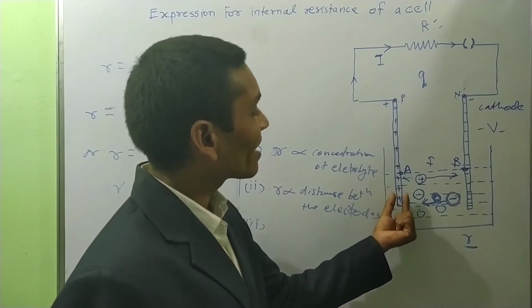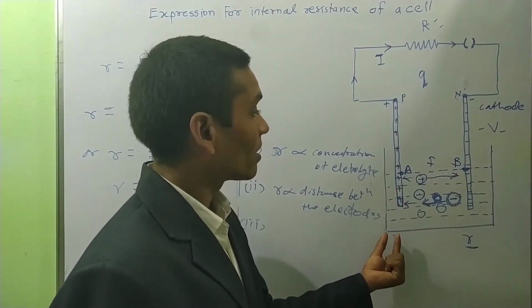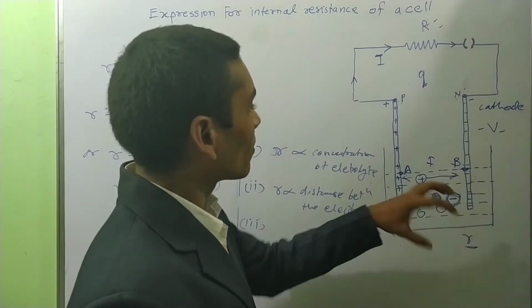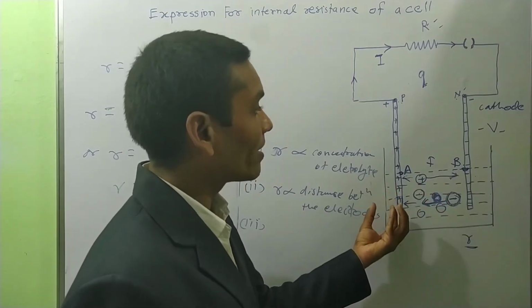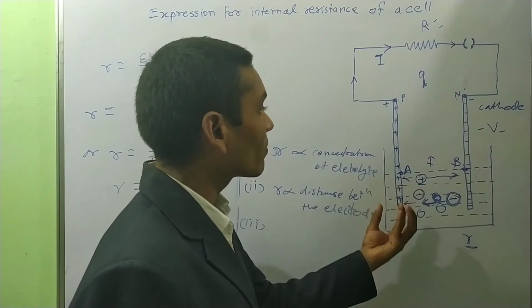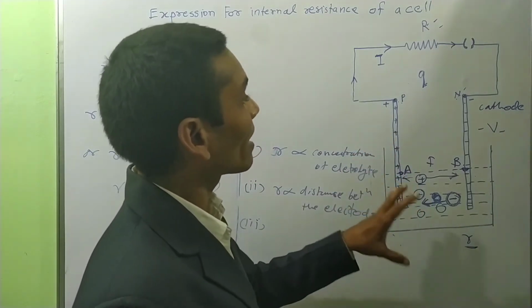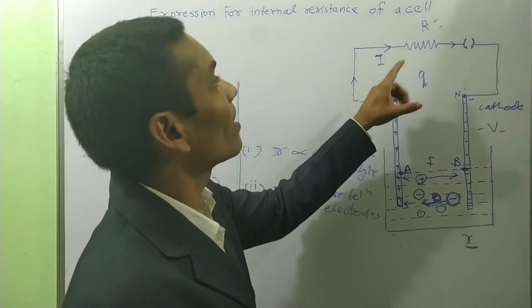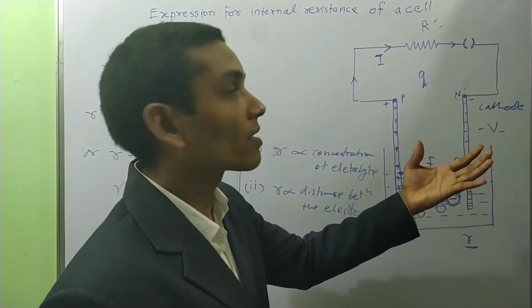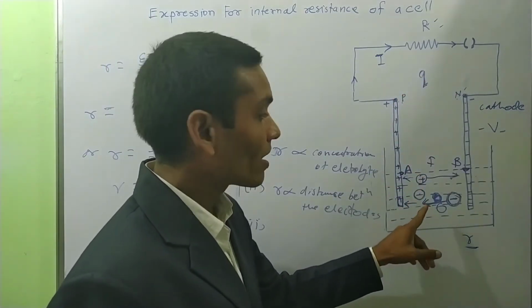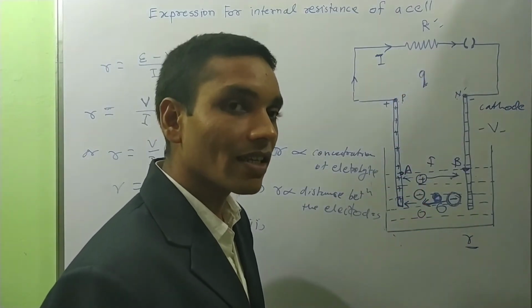And third, the internal resistance of a cell is affected by the dipped area of electrodes. If the dipped area is increased, then more ions will reach, and the ions will give more charge to the electrodes. Then the current drawn from the cell will increase, which means the internal resistance is decreased.